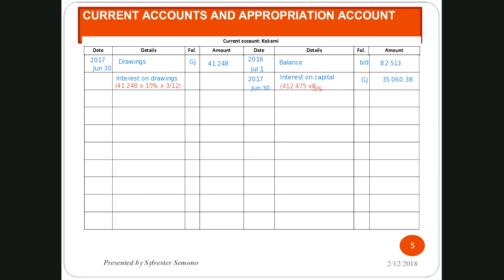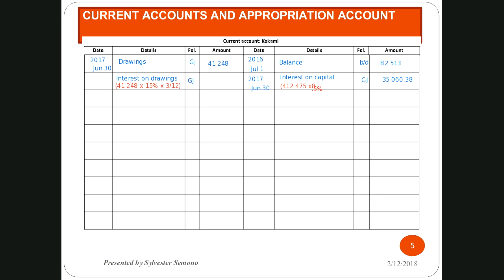The journal is the amount 1546.80. Okay, interest.